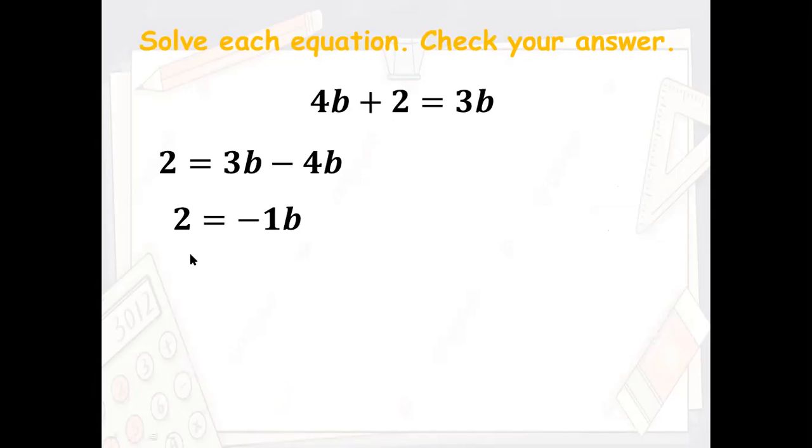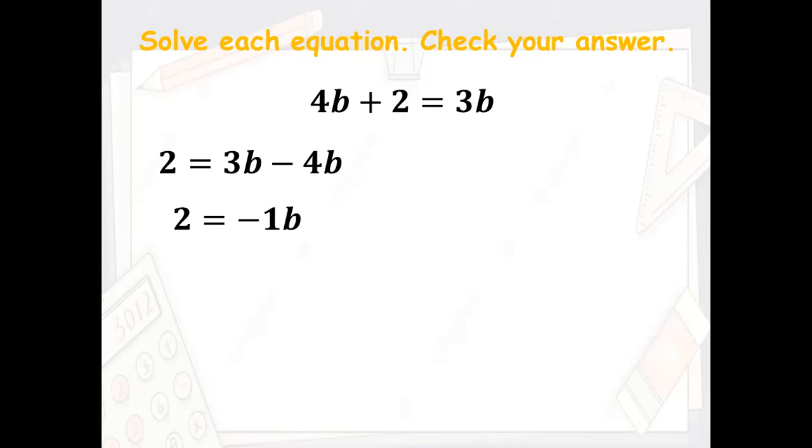Now usually we do not write 1, because if there is no number, you need to understand that it's 1. So we don't usually write it, but here I wrote it so that it will be clear for you how to do it. Okay, now if you have not written the 1, just think it's going to be 2 equals negative b, but you know a variable cannot have a negative sign, so we give the negative sign to the number.